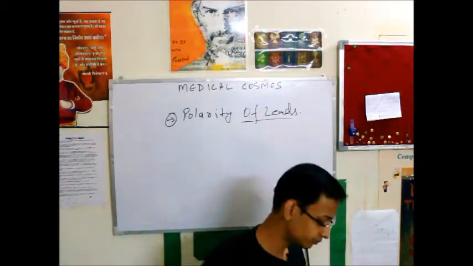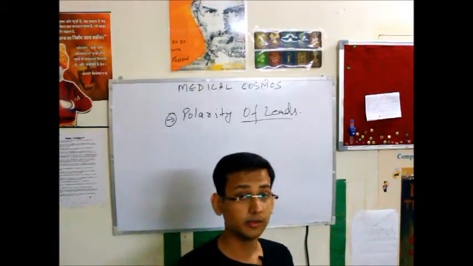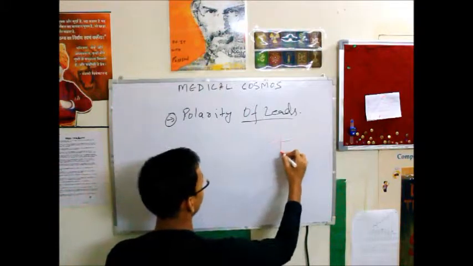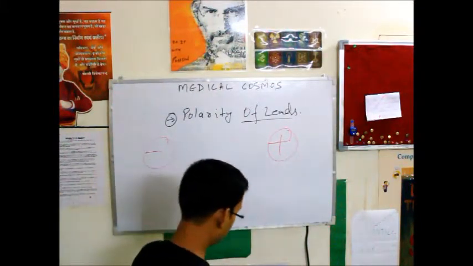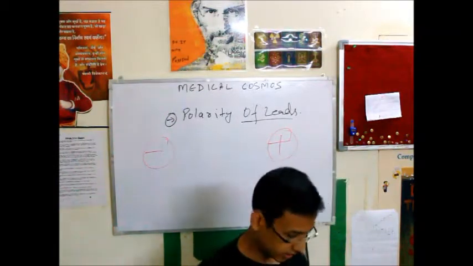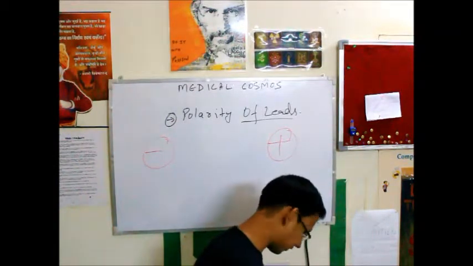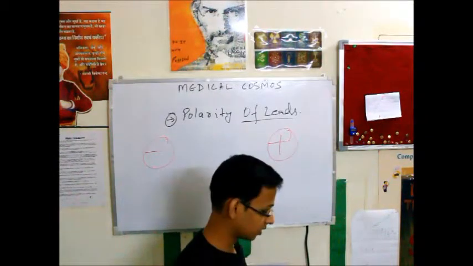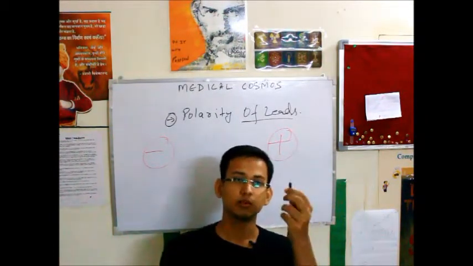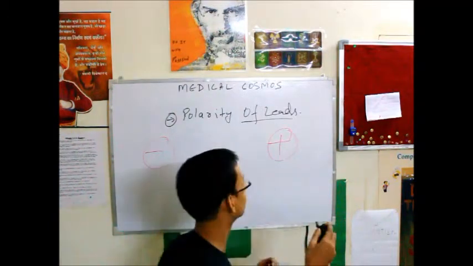Just to put that in your mind, for example, we have positive and negative electrodes, and along the electrical axis this part of the lead is negative and this is positive.